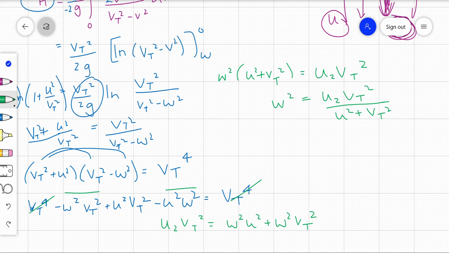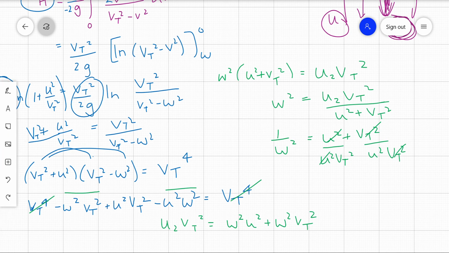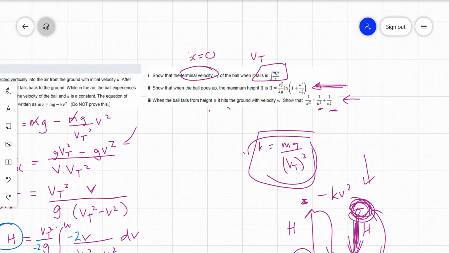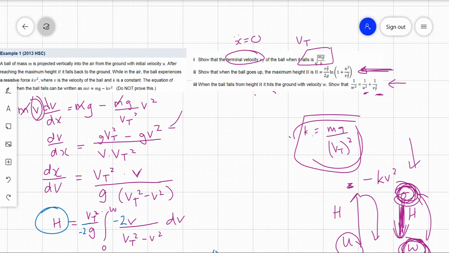Alright, so if I tip it upside down to get 1 on w squared, I get u squared plus vt squared on u squared vt squared. So I'll get 1 on vt squared and 1 on u squared. I'll leave it to you. But that, I think, is what we wanted to prove. Let's check. There we go. 1 on w squared is 1 on u squared plus 1 on vt squared. Hope that helped.